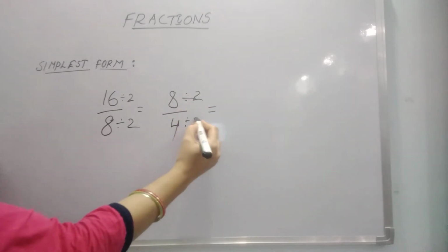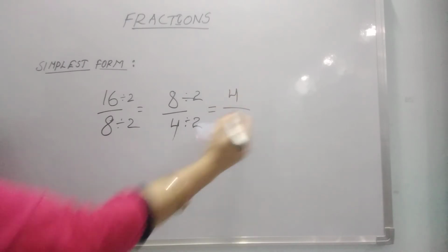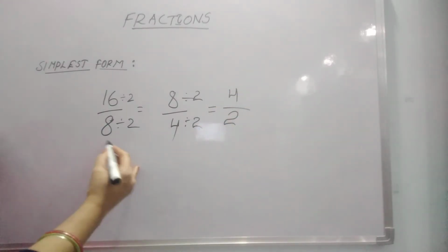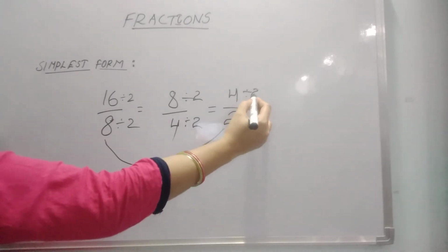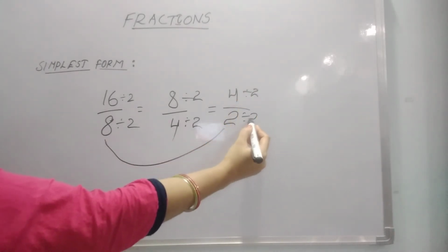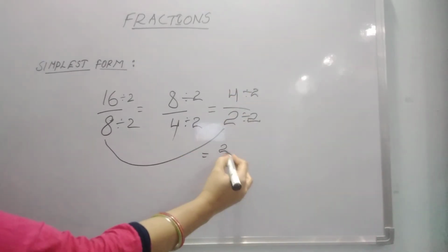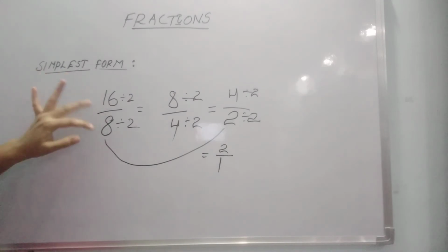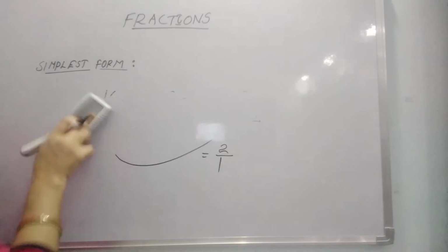Divide by 2 again: 2 4s are 8 and 2 2s are 4. So 16 by 8 becomes 4 by 2. There is still a chance to simplify further, so 2 by 1. The simplest form of 16 by 8 is 2 by 1.